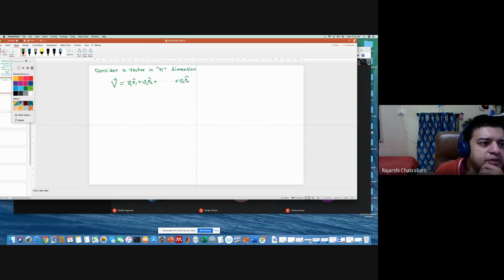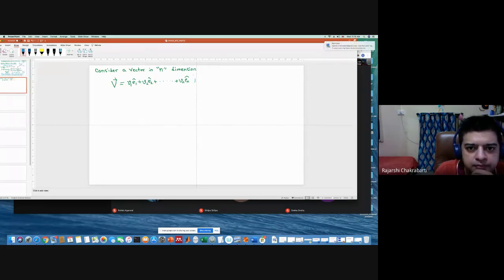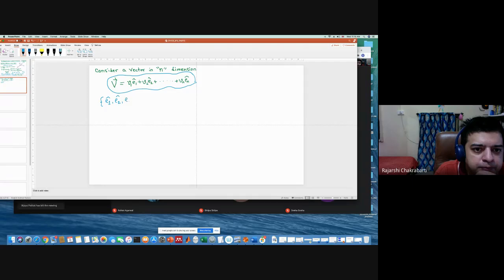Is it true in any dimension? You have this collection of unit vectors, and they form a basis.